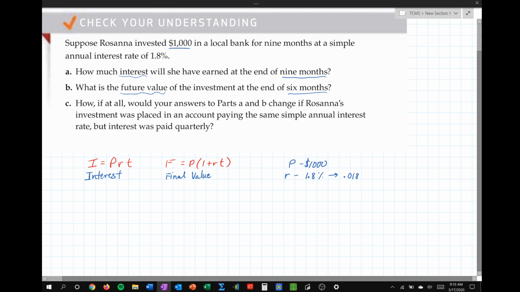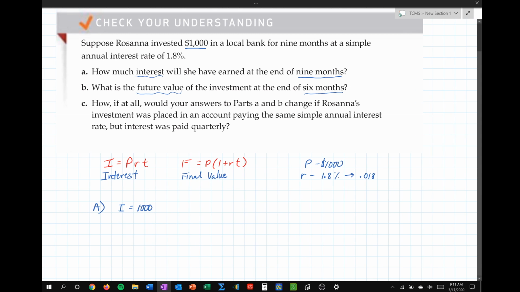All right, for part A, pretty simple, right? We want how much interest you will have earned, so we start with I. Interest will be the principal, which is 1,000, times the rate. But it's at the end of 9 months, so we have to convert the time into years, because years is the standard unit for interest.